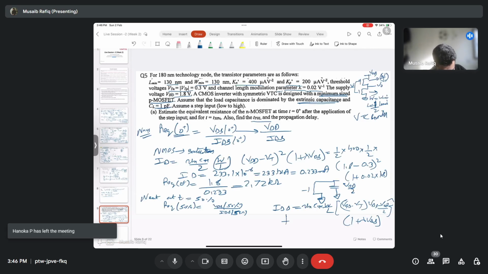So IDS is equal to 192 microamperes, that is equal to 0.192 milliamps.